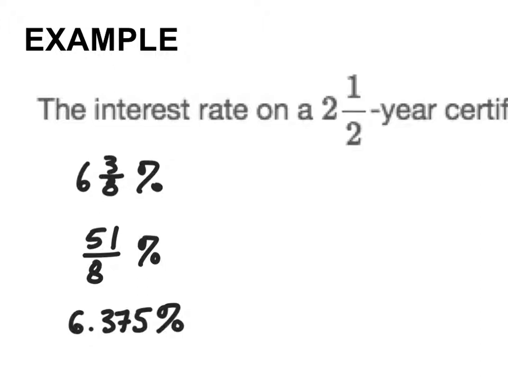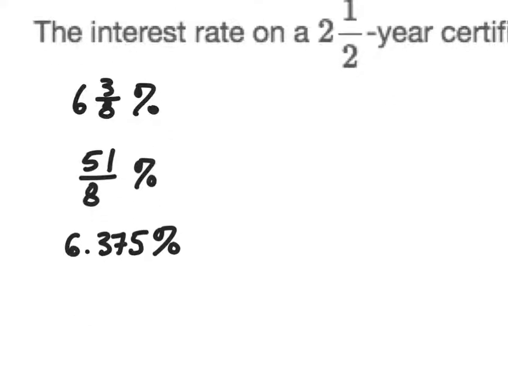All right, so now what I have is this decimal here, and remember, I'm going to move this decimal 2 units to the left. We can do that just by moving it over. I have to put a 0 here if I do that. So I have 0.06375.